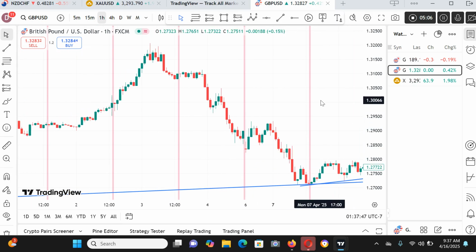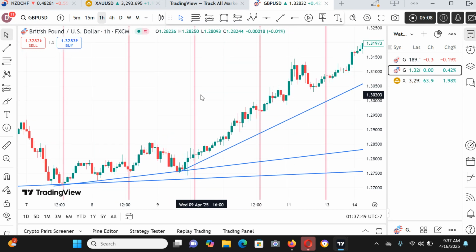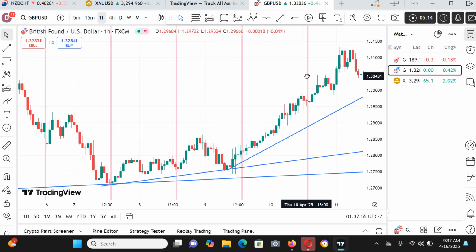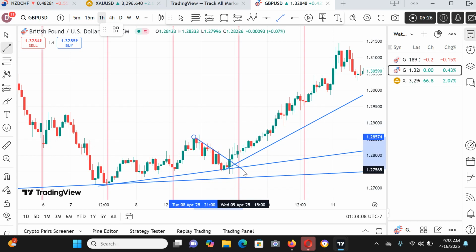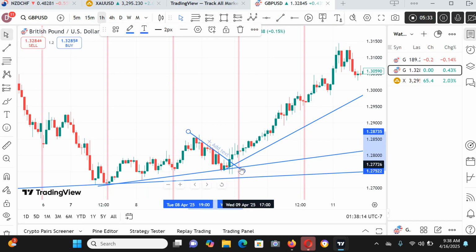I will advise that we go to the 1 hour time frame to look for where to draw the counter trend line. From here, we can draw our counter trend line. Once there's a breakage of this counter trend line, we enter. You can see it's as simple as that.